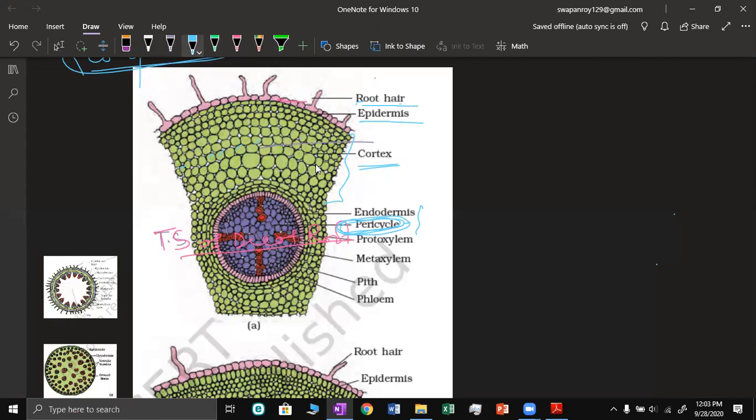So actually, after the cortex, I am drawing only the stelar portion. The stelar portion here is, this is endodermis.